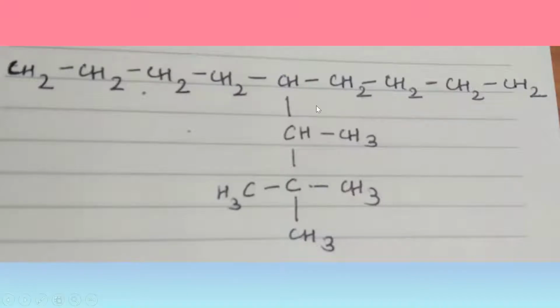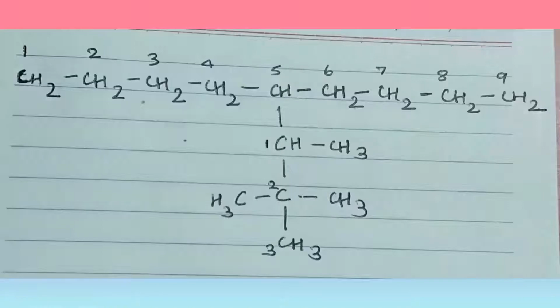But if I take the branching into consideration and take the one here as my substituent, let's see the number of carbon atoms present. Here we get 1, 2, 3, 4, 5, 6, 7, 8. There are only 8 if we take the branching into consideration, and 9 if we take the straight chain and take the middle branching to be our main substituent branching.